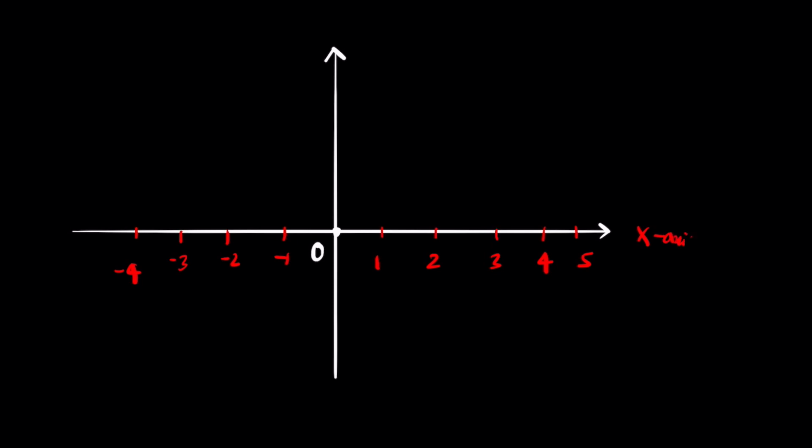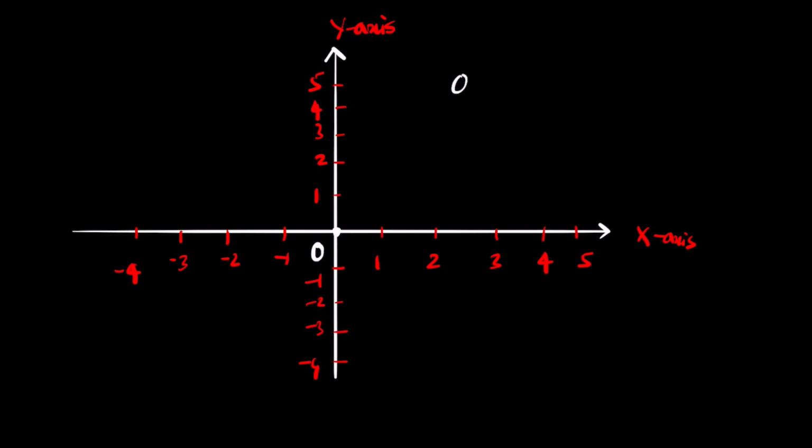On the y-axis, towards the top you get positive values 1, 2, 3, 4 and 5, and to the bottom you get negative values minus 1, minus 2, minus 3 and minus 4. So this is the idea behind the Cartesian system.